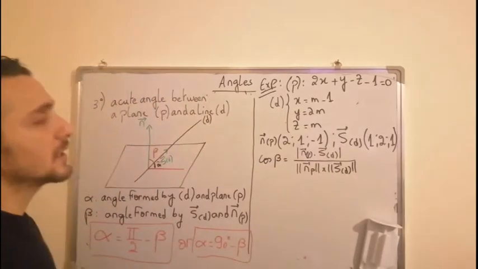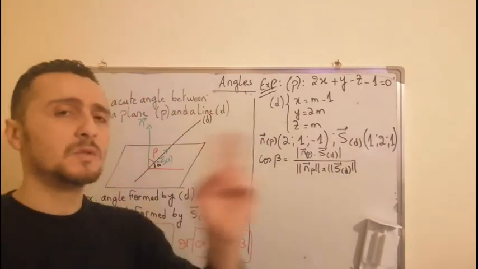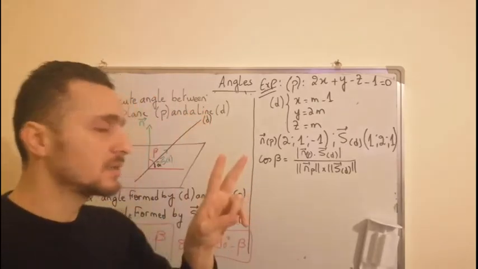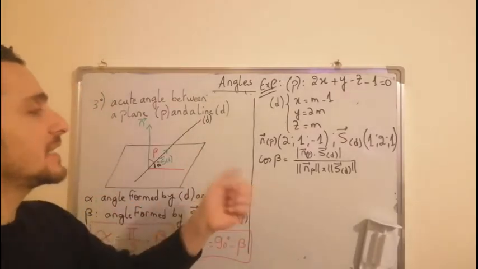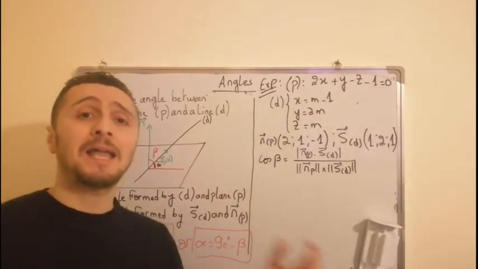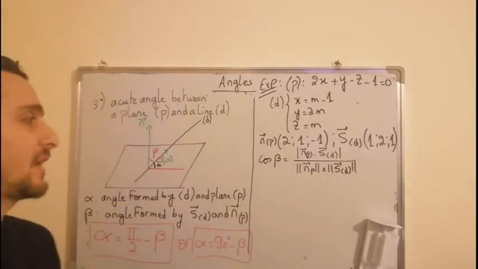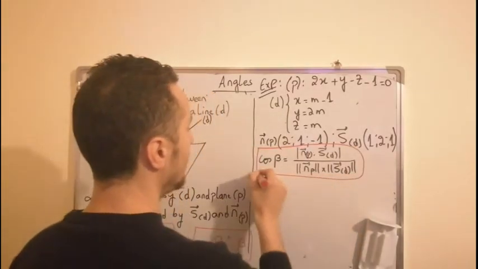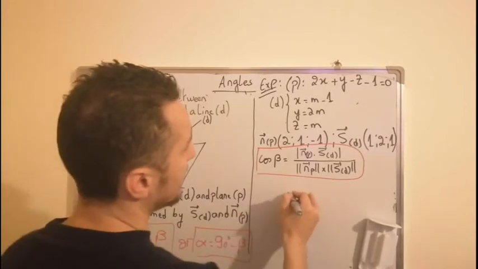You notice it's the same thing, but before we worked between two straight lines, so there were two directing vectors, or between two planes, so there were two normal vectors. In this case, between a line and a plane, we have a normal vector and a directing vector. This is the rule we will apply.